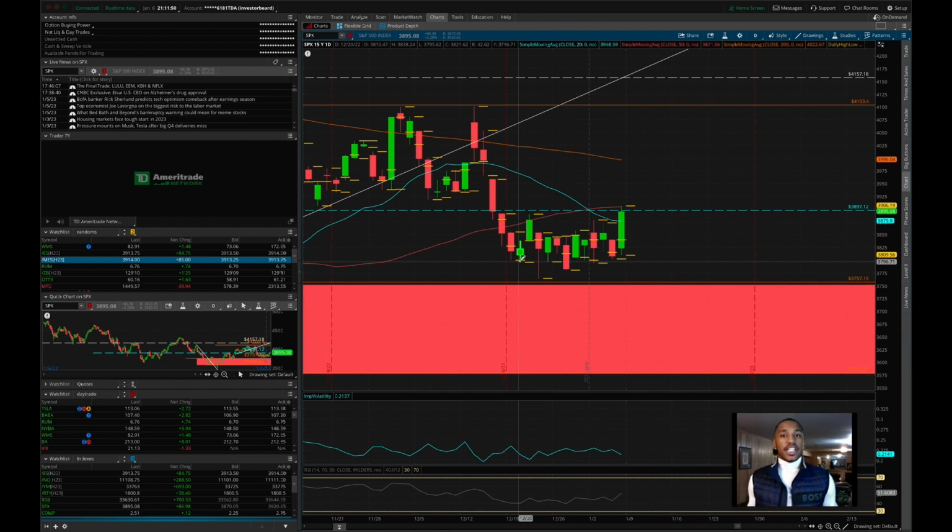TD Ameritrade knows this, the market maker knows this, and so they do reward iron condors a little bit better. So if you can be correct on your assumption that it's going to stay in between these two strike prices because the market is in a choppy environment, then you can get paid very well with iron condors.